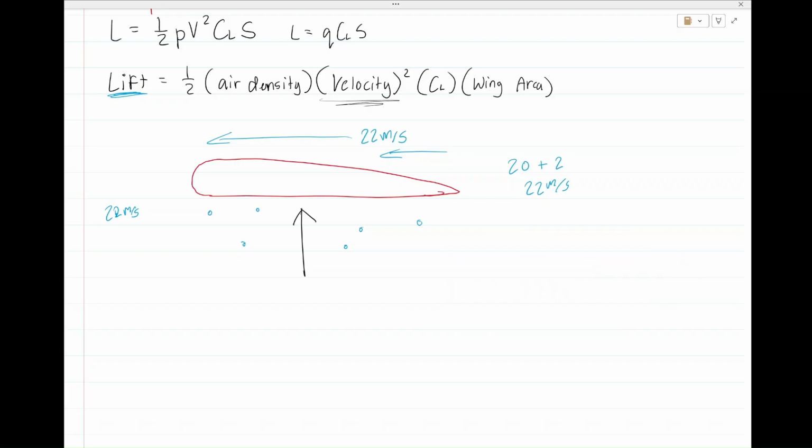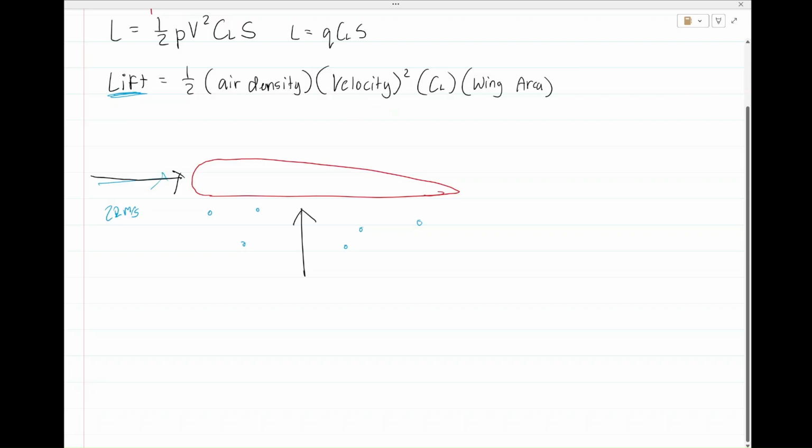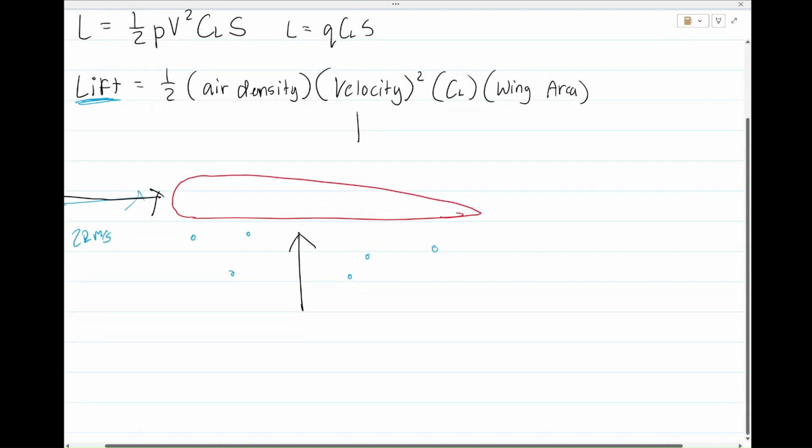You don't always want more lift. Obviously, go case by case, but right now we're trying to take off, and we want as much lift as we can get. So this velocity is talking about how much air is coming into the airfoil, right? So it's how much air is going in this direction. So obviously, we can also understand the higher the velocity, the more lift we get.